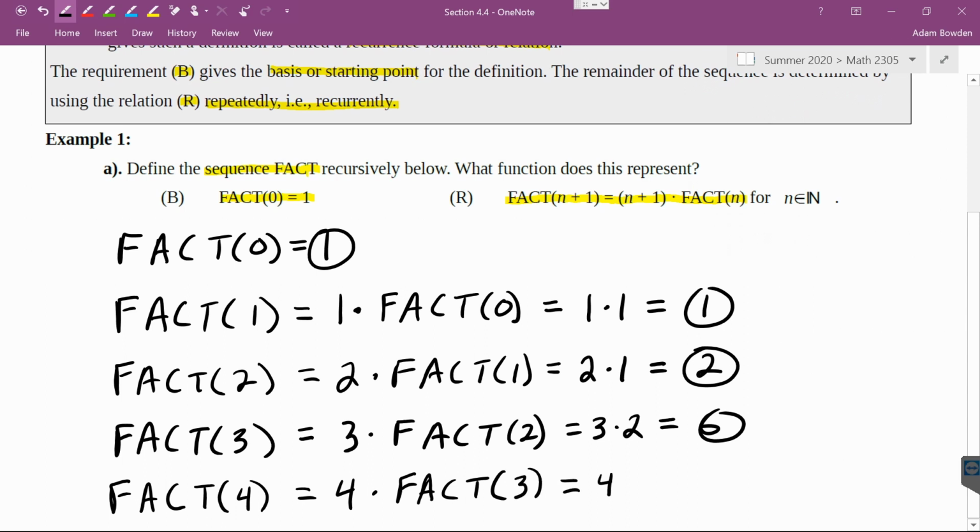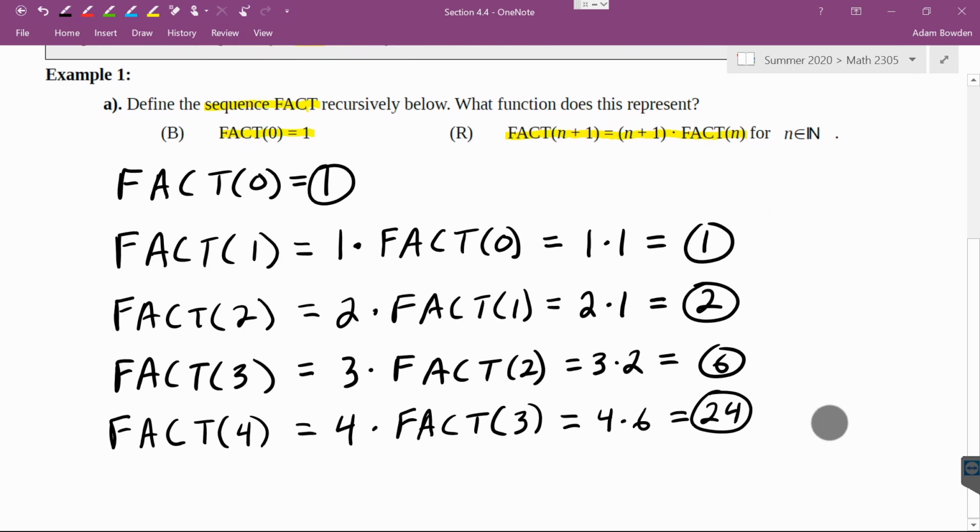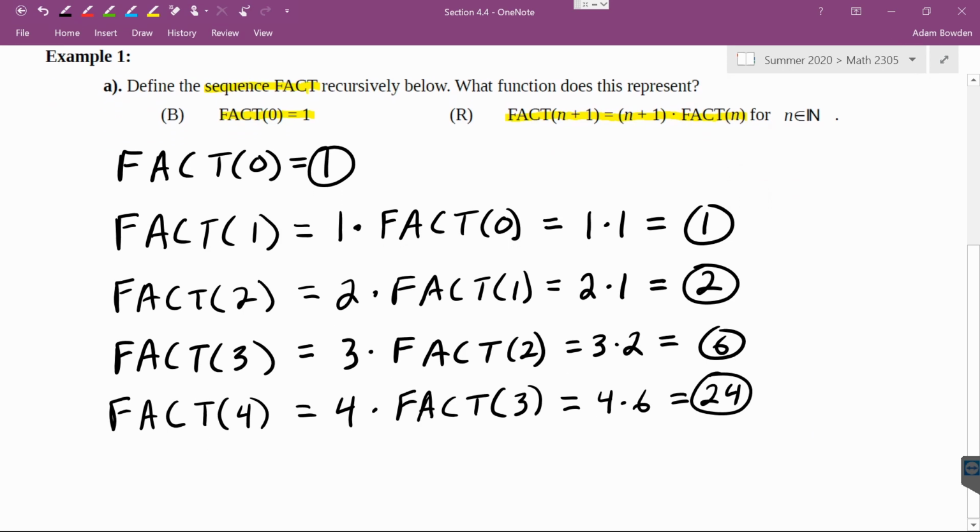So that would be 4 times 6, or 24. And so this would be how we visualize the values of this recursive definition here. And in general, this thing, fact of n, is going to be the same as n factorial. So this is a recursive definition for factorial.